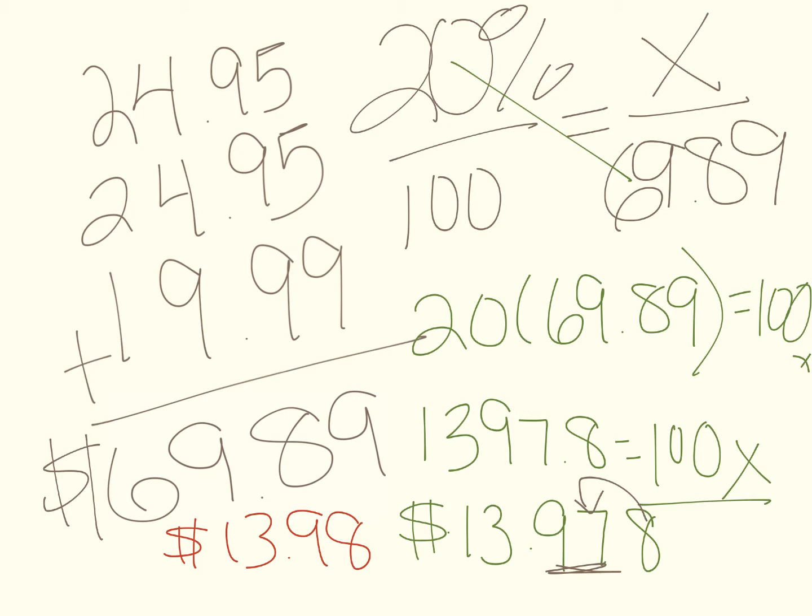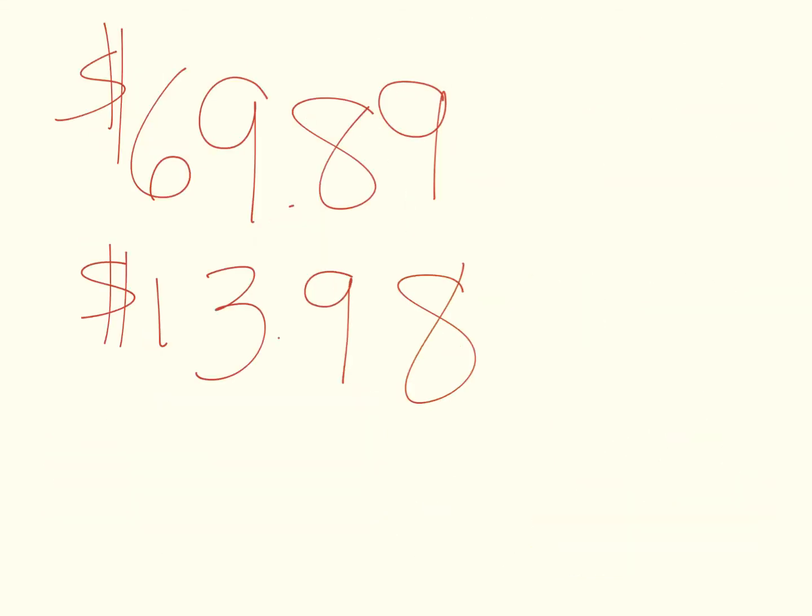So let's figure out how much I'm going to pay. All right, so from the previous slide, these are the 2 values I wrote down. $69.89, that was the total before any savings. And the savings that we're going to receive is $13.98. So you're going to ask yourself, I'm getting a discount and I'm saving money, so what I'm going to pay should be less than the original price.